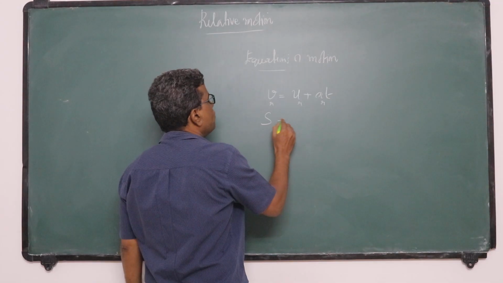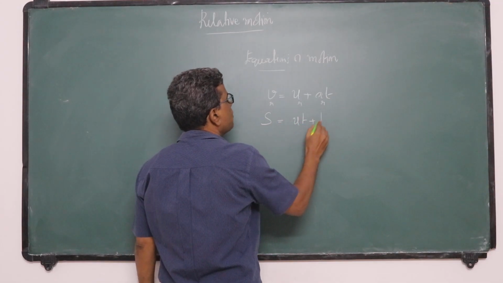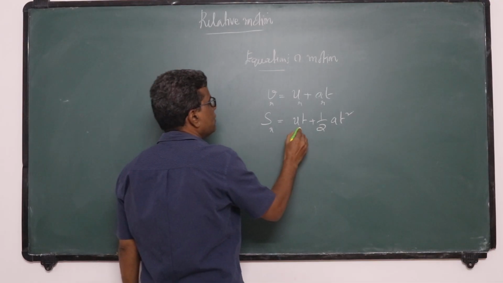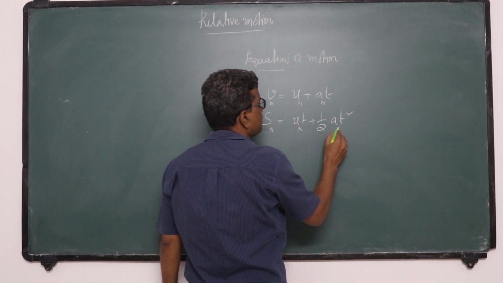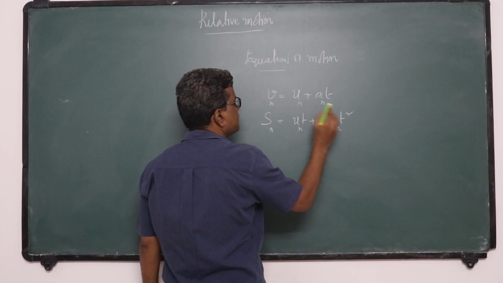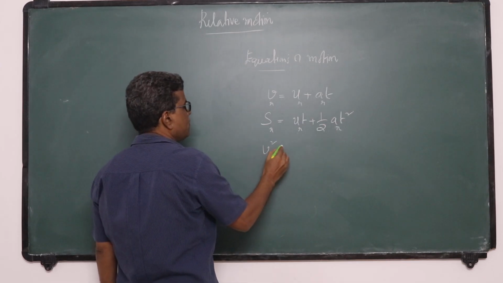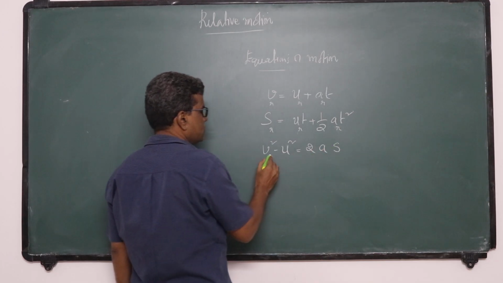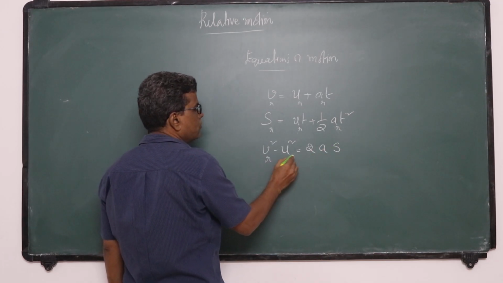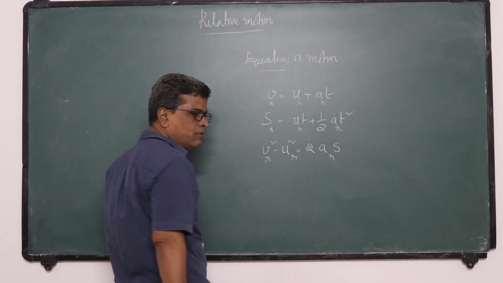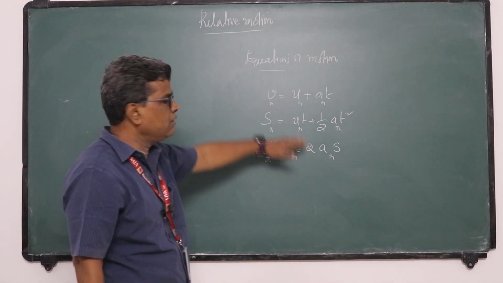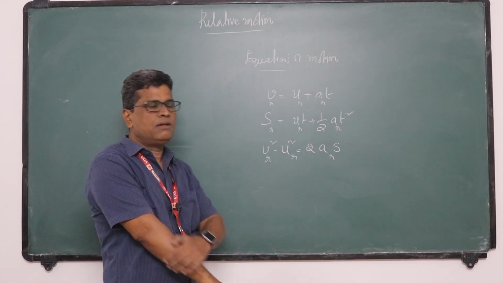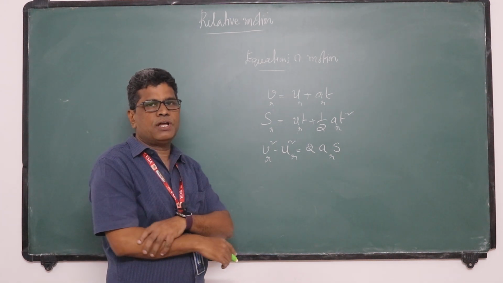So s is equal to ut plus half at square, with relative displacement, initial relative velocity, and relative acceleration. And v square minus u square is equal to 2as, again in relative form. So we can apply these equations of motion in relative motion in one-dimensional as well as two-dimensional motion.